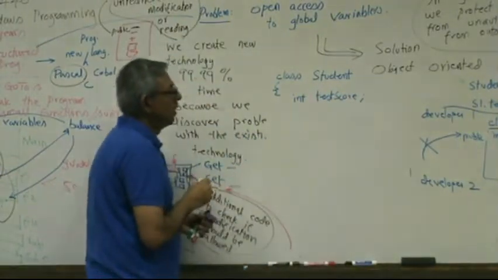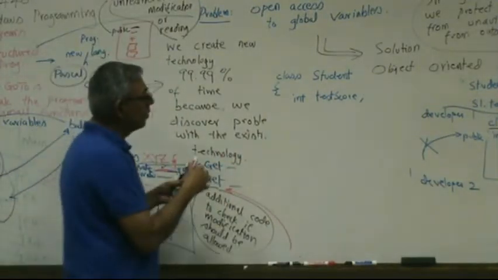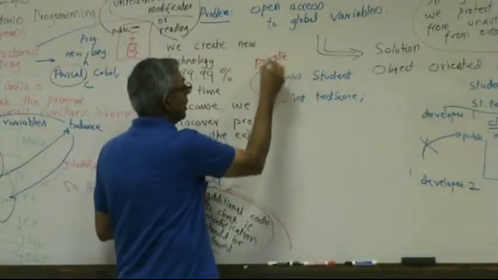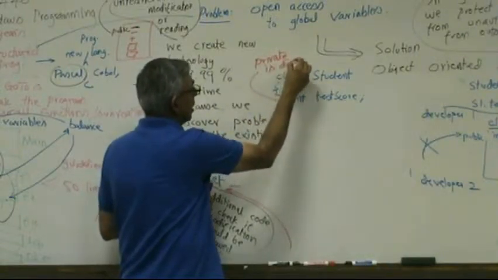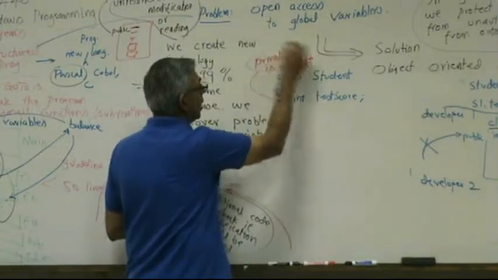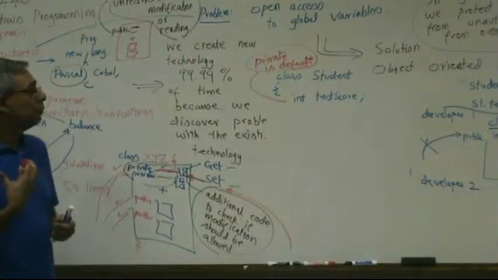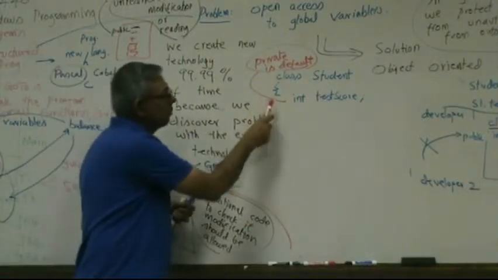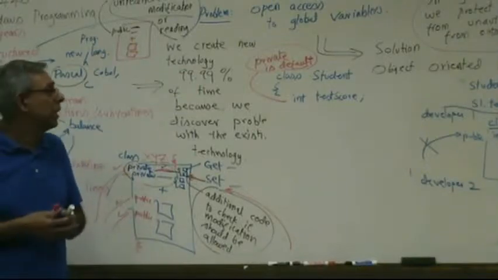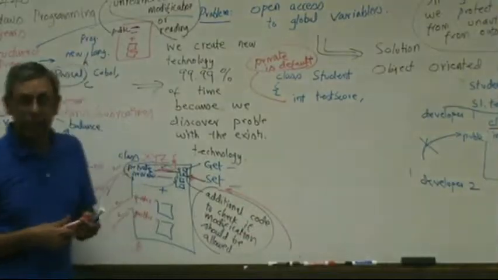Now in C#, if you don't put the keyword, private is the default. In Java, public is the default. So you can add the keyword private, but even if you didn't do it, it will be a default of private. So you will declare int test score, right?